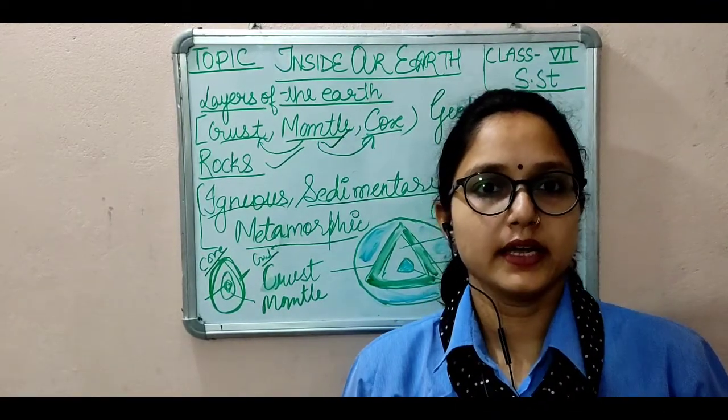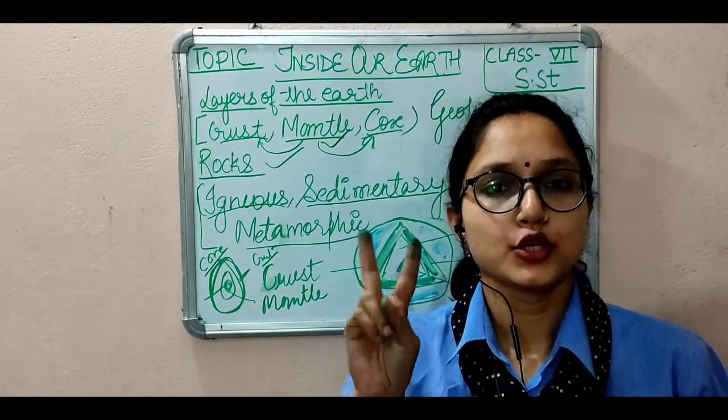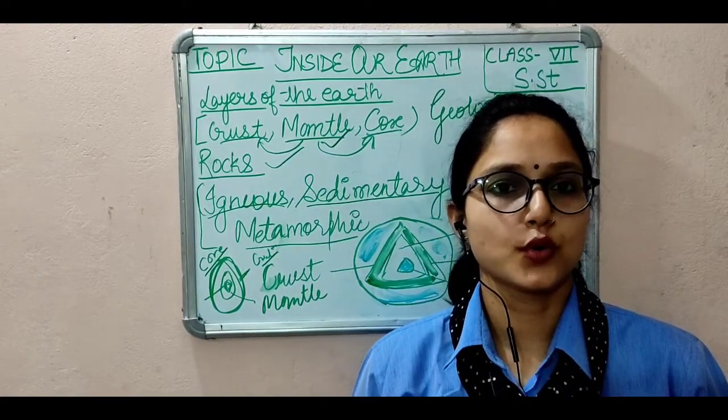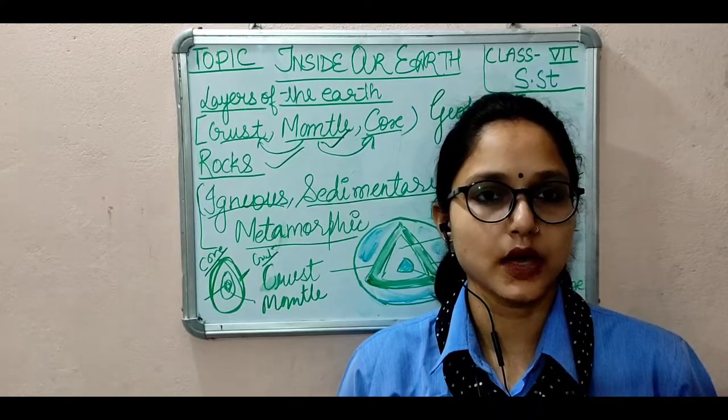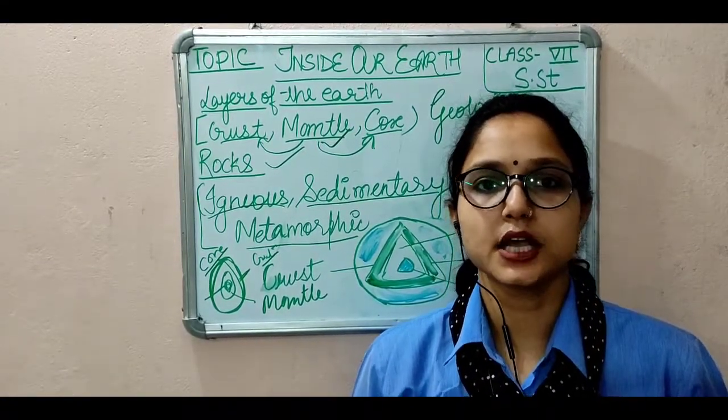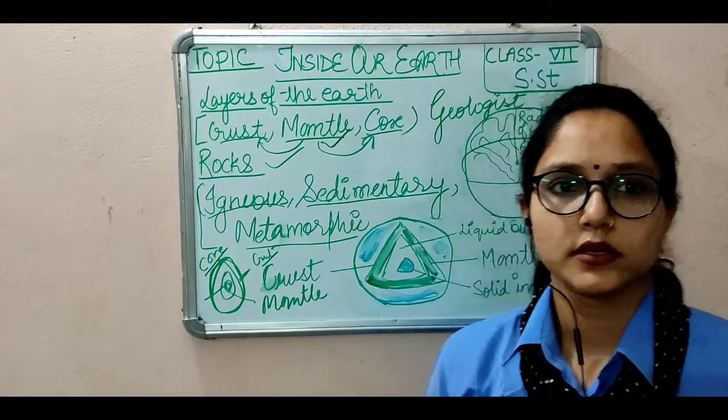The core layer is divided basically into two layers. The first is the liquid outer core and the second is the solid inner core.